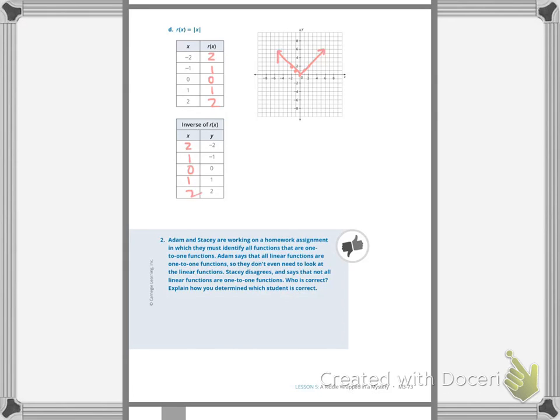So let me change colors. 2, negative 2, 1, negative 1, 0, 0, 1, 1, 2, 2. Okay, my inverse is not going to work again. So inverse, not one-to-one. If I did a vertical line test, it would not work.